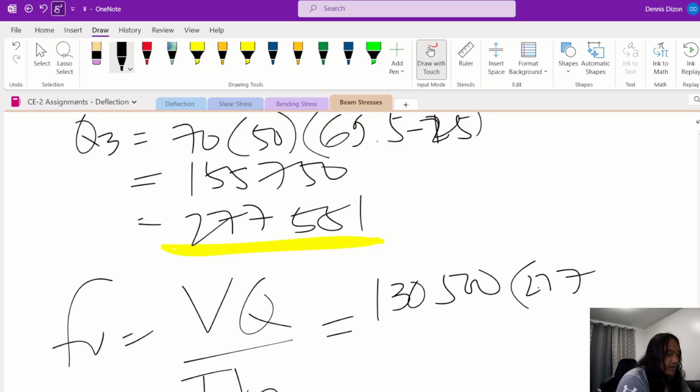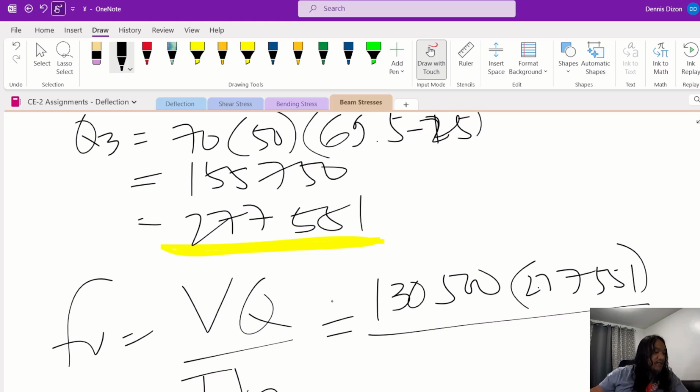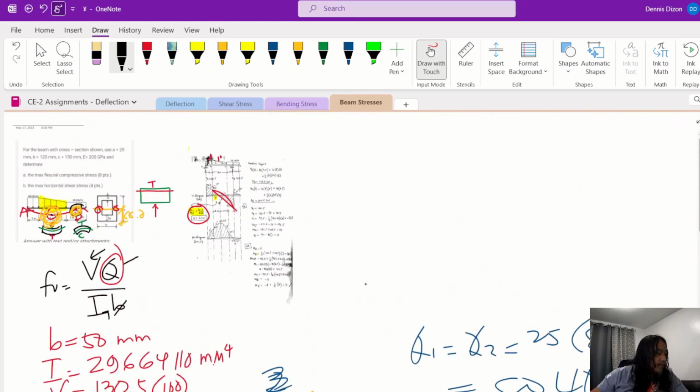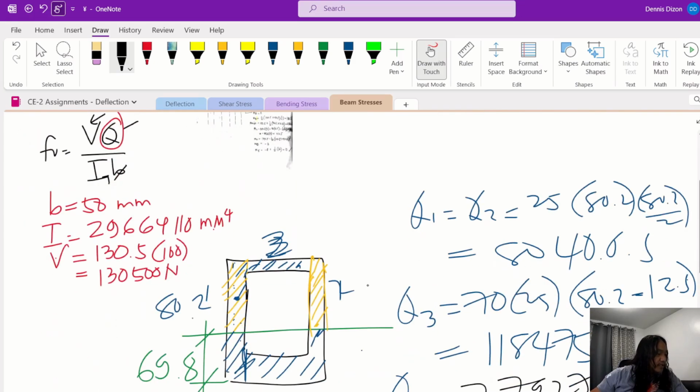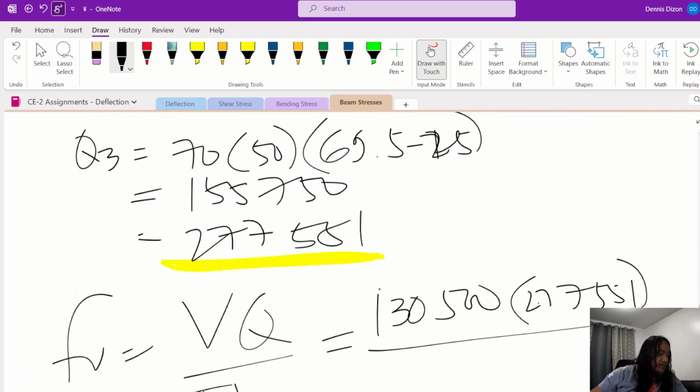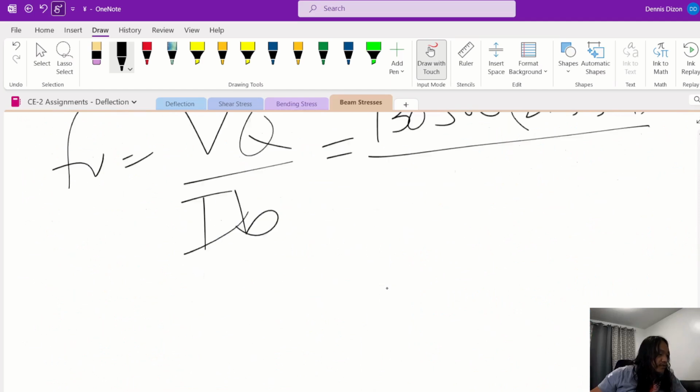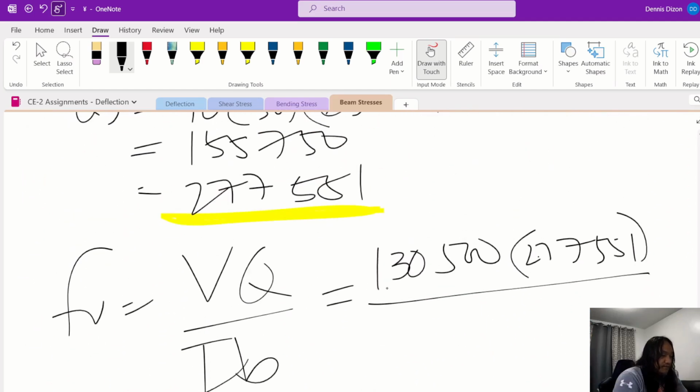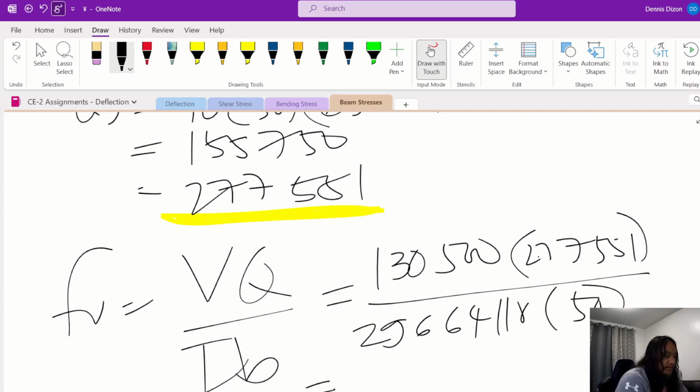We'll just use that one. And then the moment of inertia is 296,64110 times B, which is 50.